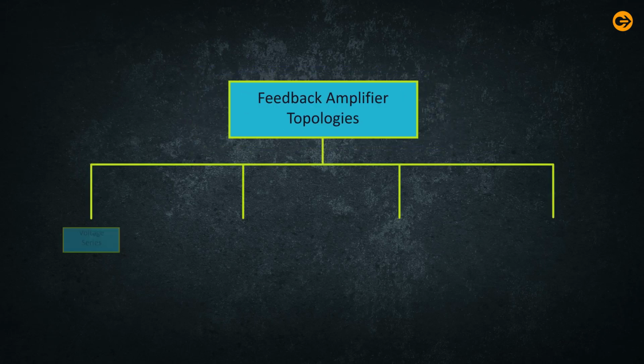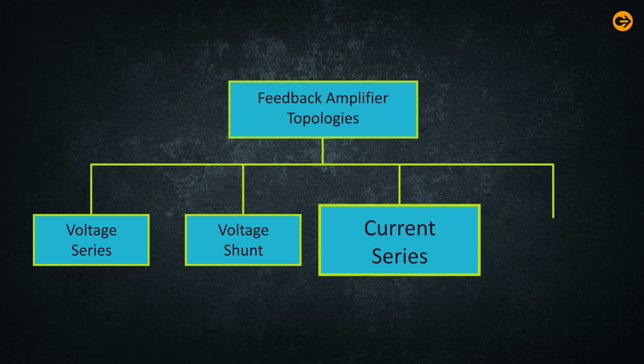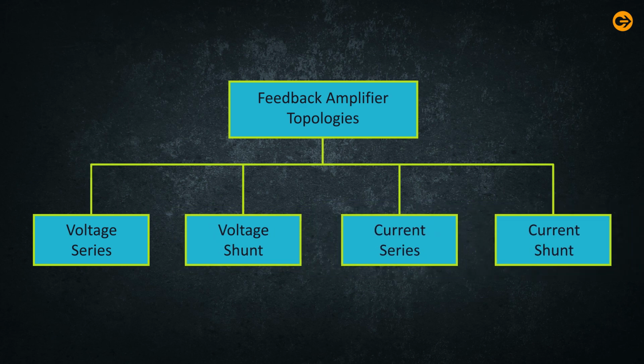Mainly there are four basic amplifier topologies to connect the feedback signal. For the current and voltage, feedback is applied towards the input in series or in parallel. These topologies are as follows: voltage series feedback amplifier, voltage shunt feedback amplifier, current series feedback amplifier, and current shunt feedback amplifier.